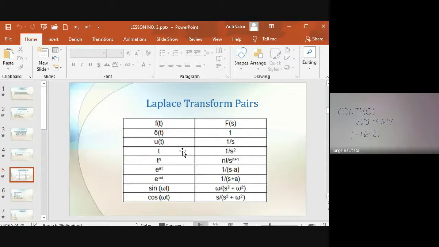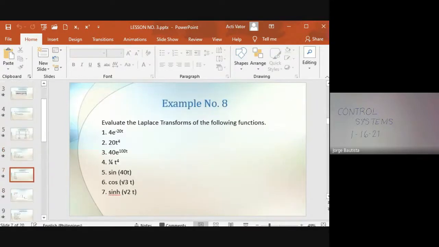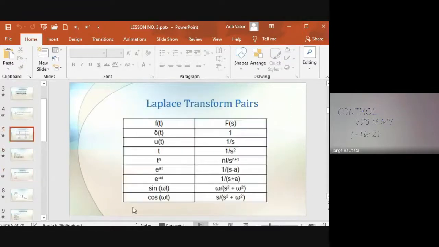Okay? So, these are the basic transform pairs, no? Basic lang ito. Okay? So, we will have your sample. Before we go to the example, I will derive some of them, no? Some of the transform pairs. Okay?